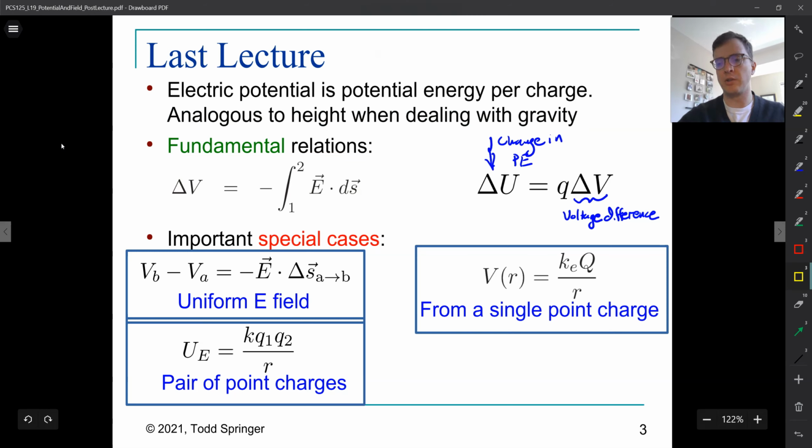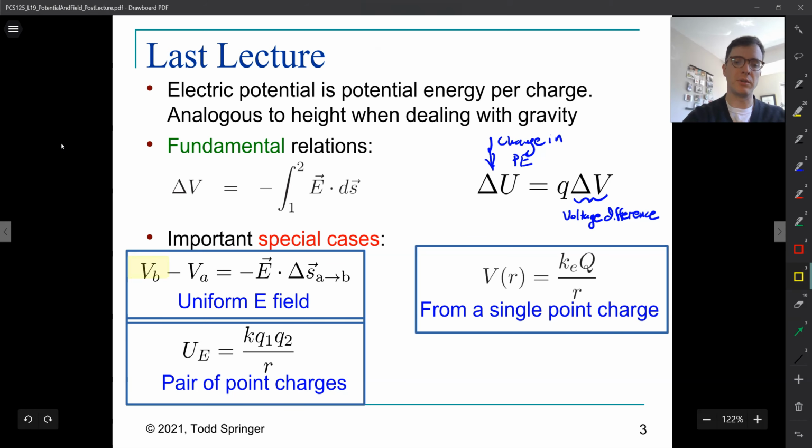The relationship between electric potential and electric field is given by this equation. This is the general definition, E dotted with ds, along some path that connects state 1 and state 2. That's a bit abstract, so we worked it out in some special cases. The last 3 boxes on this slide are special cases.